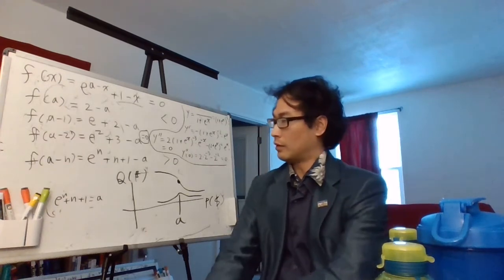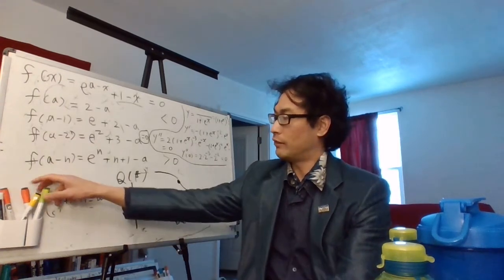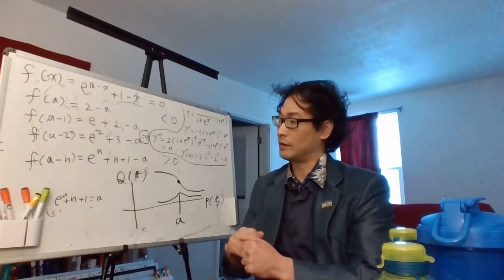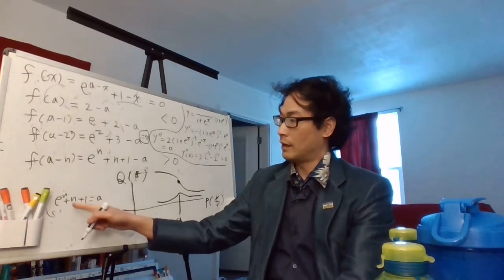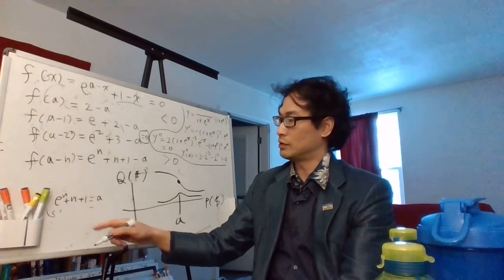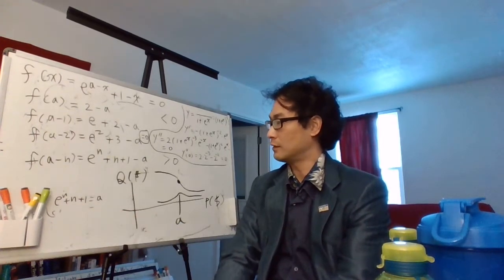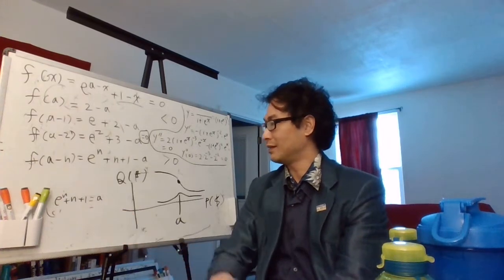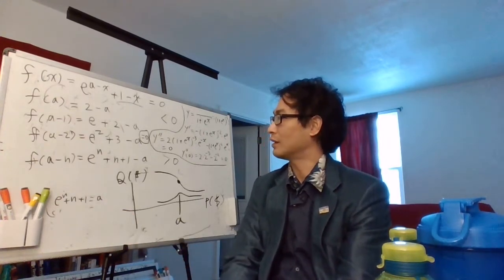Well, what we found yesterday as an example is this: when a is equal to 5, n is equal to something like 4.